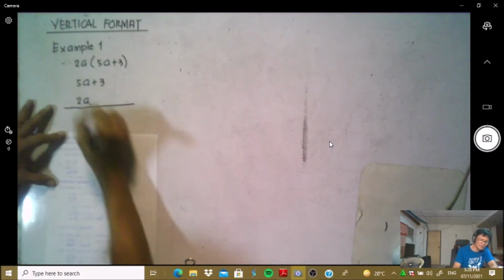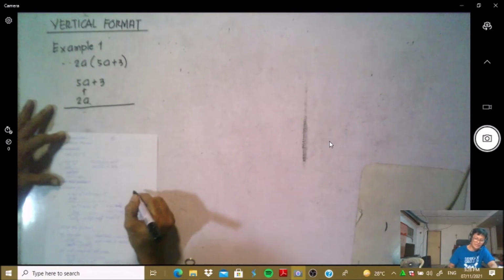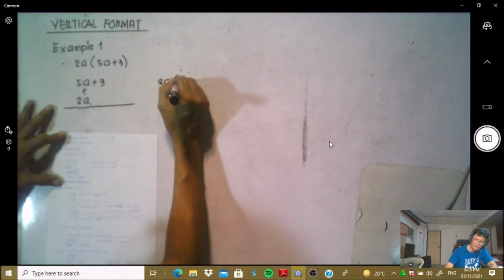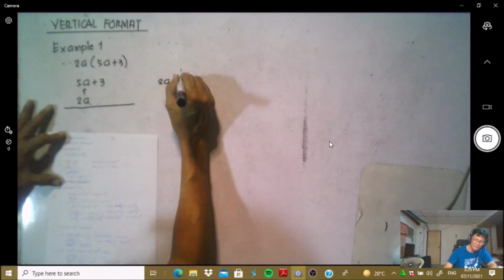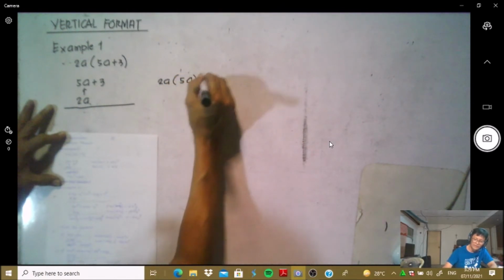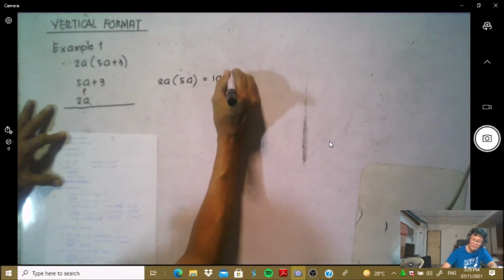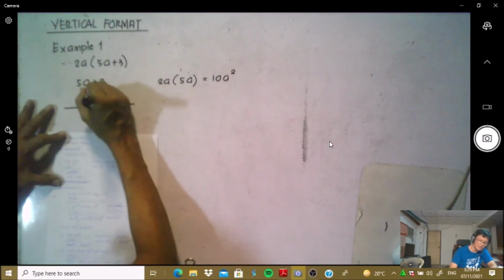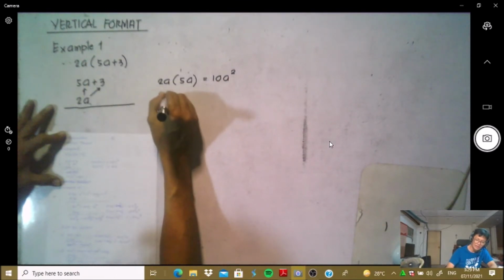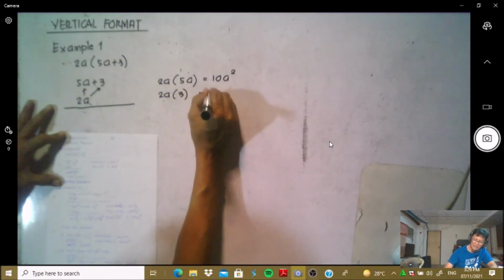Okay, so first we have to multiply this 2a with 5a. So as an example, we have 2a to be multiplied to 5a. And therefore, this becomes 10a squared. The next will be 2a to be multiplied to 3. So we have 2a multiplied to 3, and that will be equal to 6a.